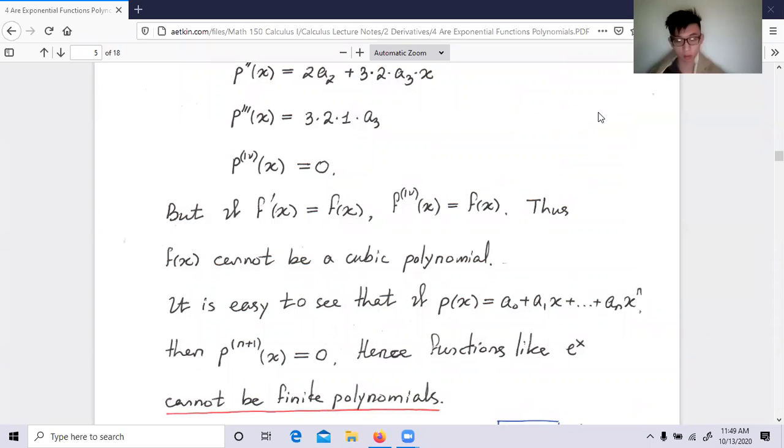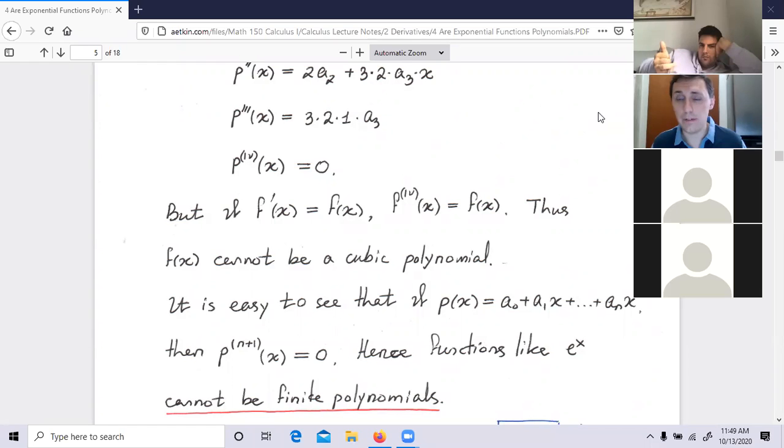Any idea, guys? No? It's not an easy leap of faith. But here it is. Maybe you will complete my sentence. If I cannot make it a finite polynomial, in other words, one that terminates at some large degree, why not try? Take a guess.